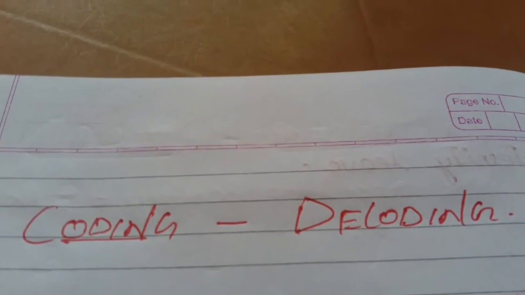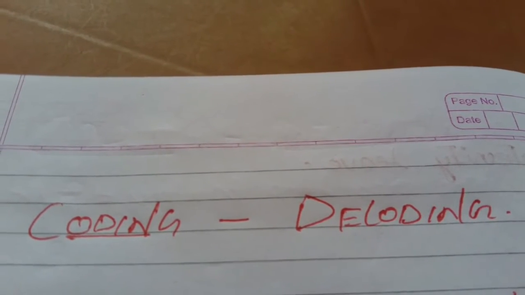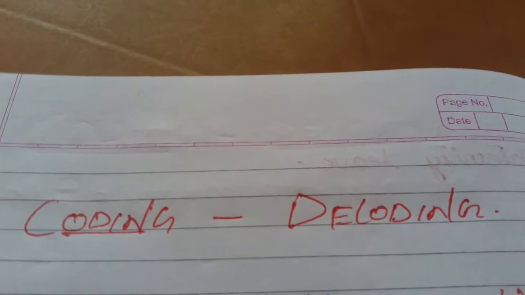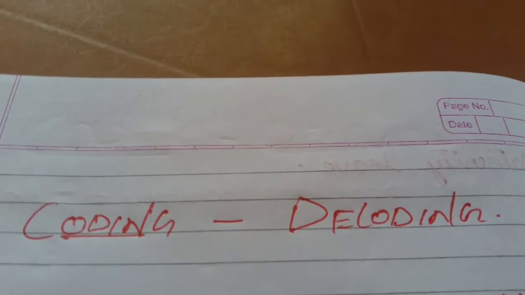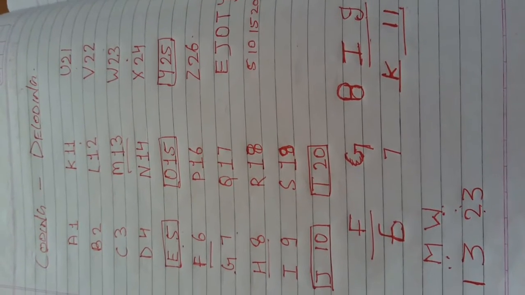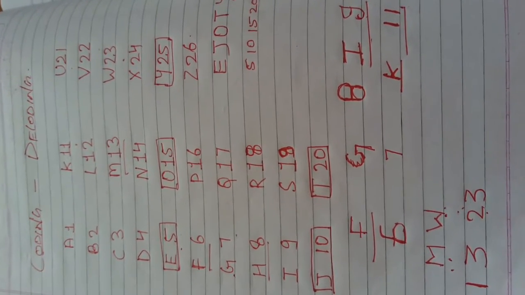Last time we learned the concept of coding and decoding. Just a quick recap of the last topic: we saw some code words and how to learn the ABCD by heart.